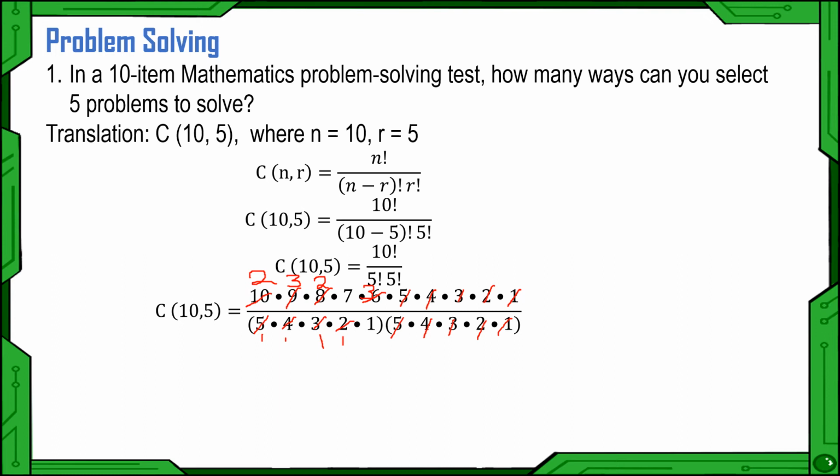Okay, so that's it. The only remaining numbers for our numerator are 2 multiplied by 3 multiplied by 2 multiplied by 7 multiplied by 3. And we have only one denominator, so we do not write 1.